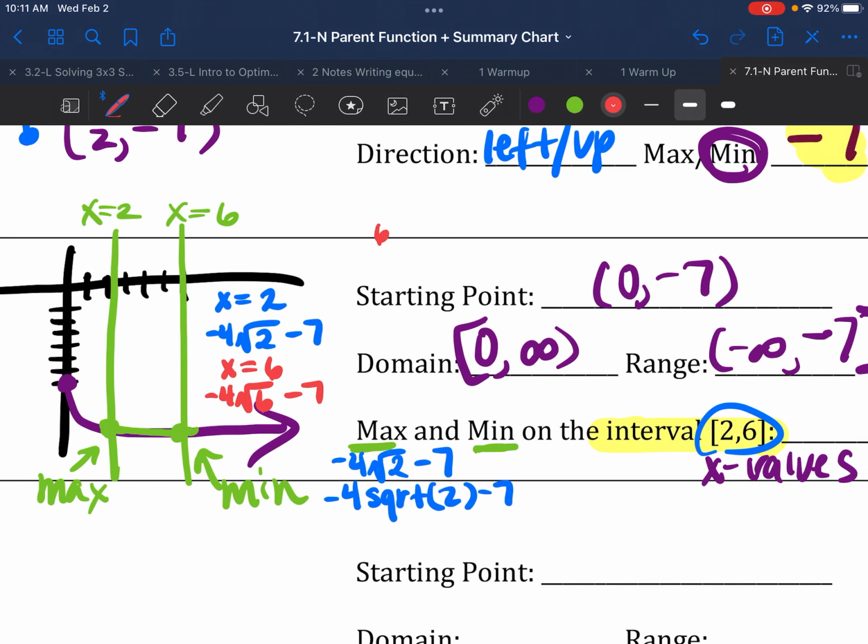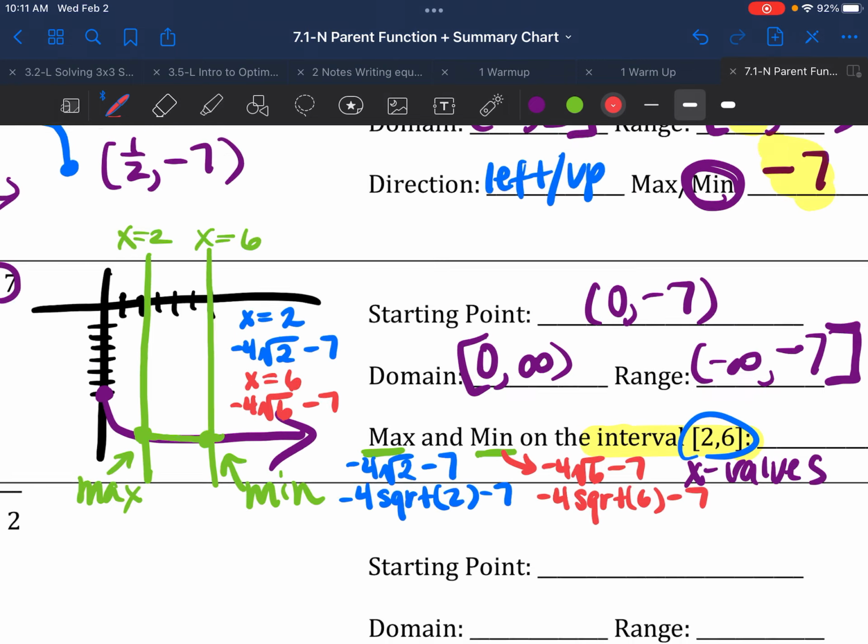Okay, 6 breaks into 2 and 3. Nothing pairs up, so this square root can't be simplified. And so for the min, we would have -4 square root of 6 minus 7. And that's as pretty as you're going to be able to write this answer. So on Canvas, you would type -4 SQRT of 6, close parentheses, minus 7.